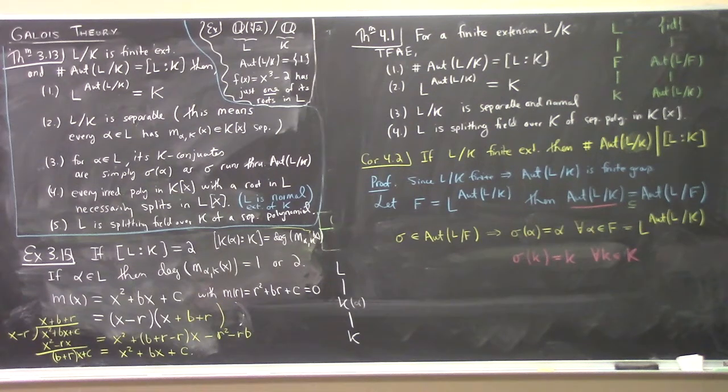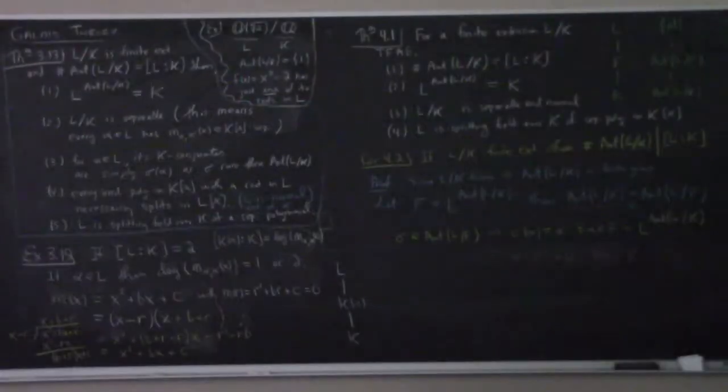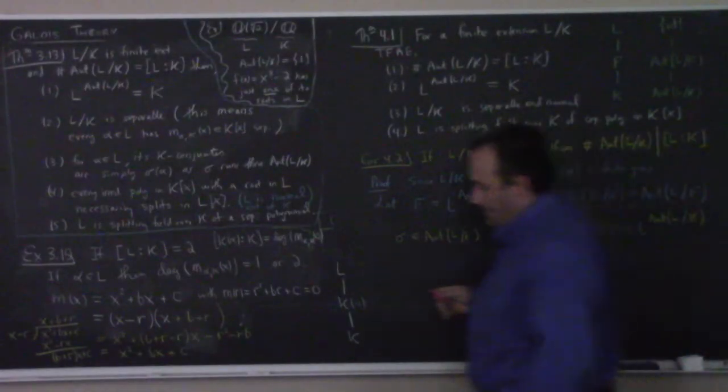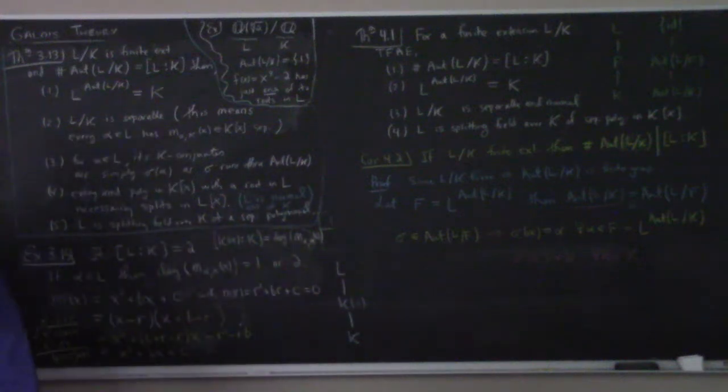Essentially, if we can just show that sigma of k goes to k, we're done.